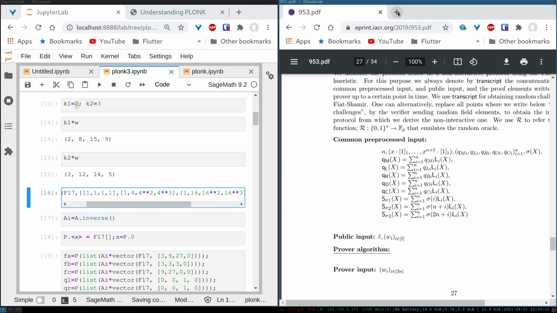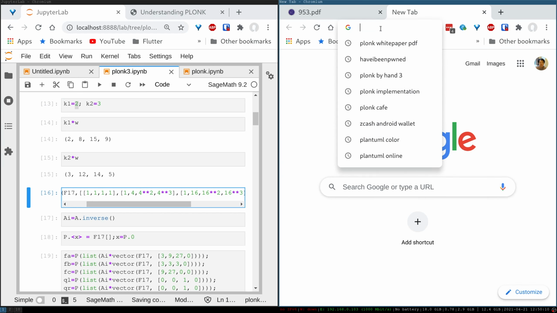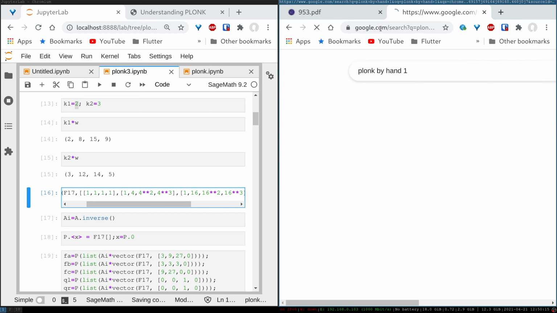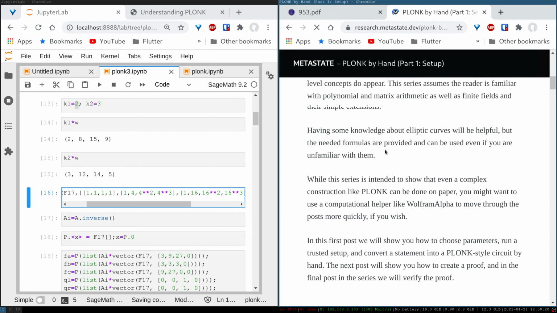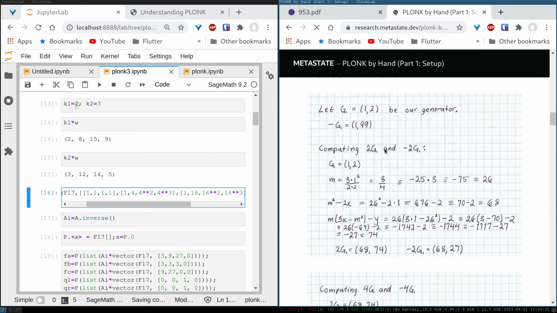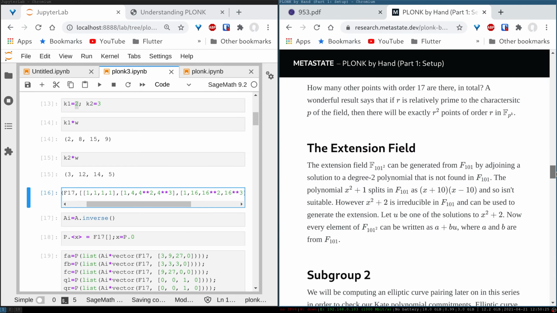You can see this in a little more detail if you go to the PLONK by hand series, I think the first one. They explain a little bit about this part.